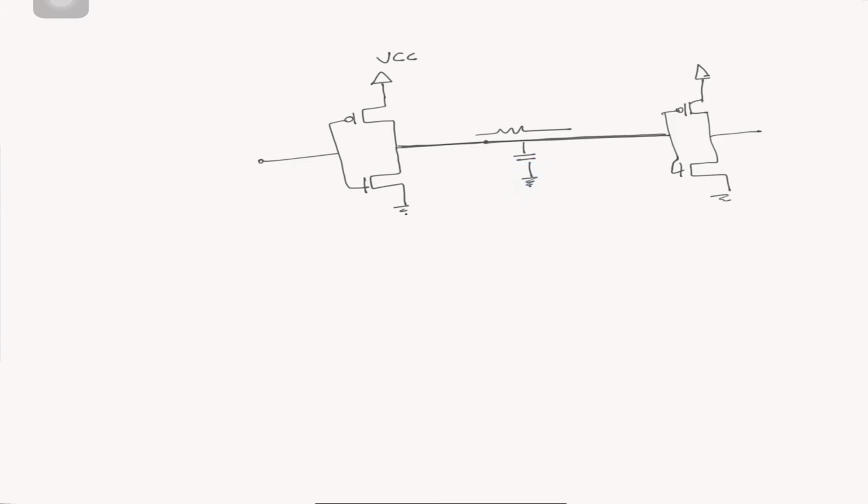I'll explain the wire capacitance separately, but for the moment, let's say it has a resistance and it has capacitance. So this line acts as a capacitor. For simplification, there's a capacitor connected to the output.